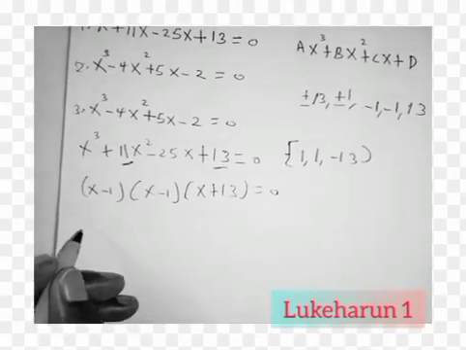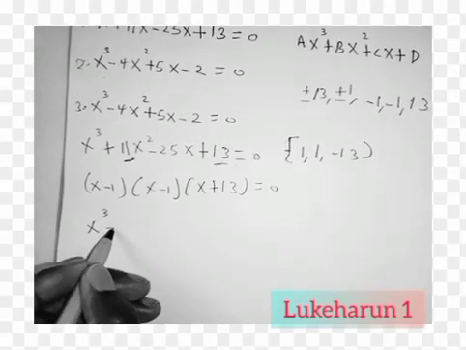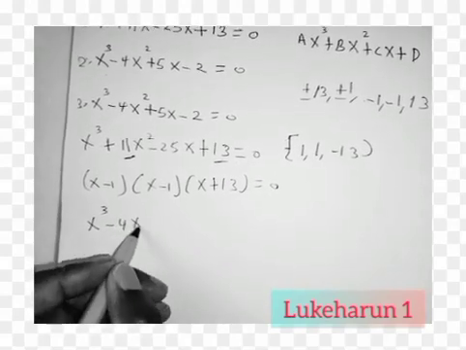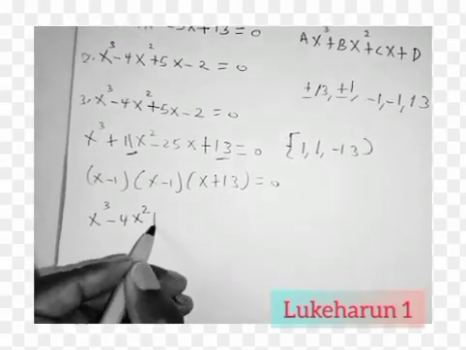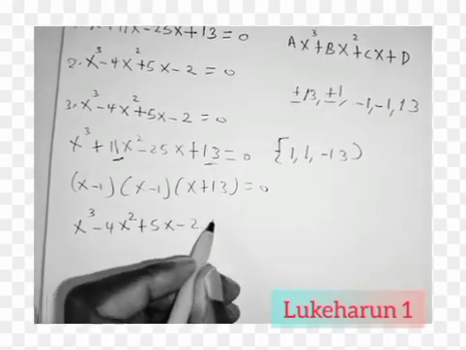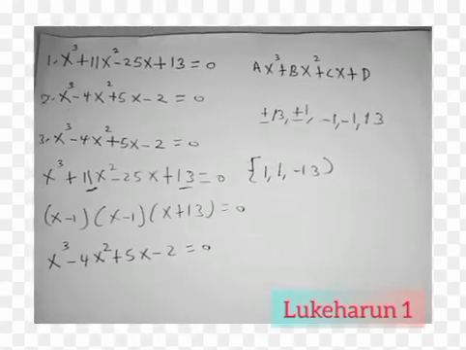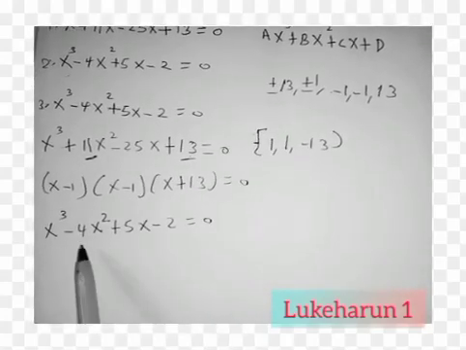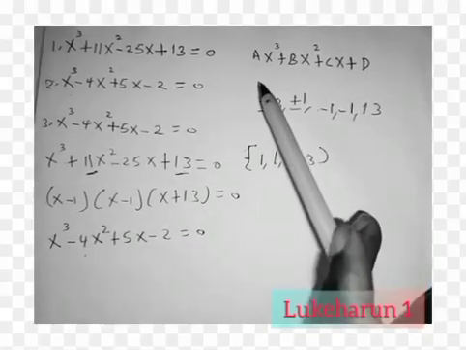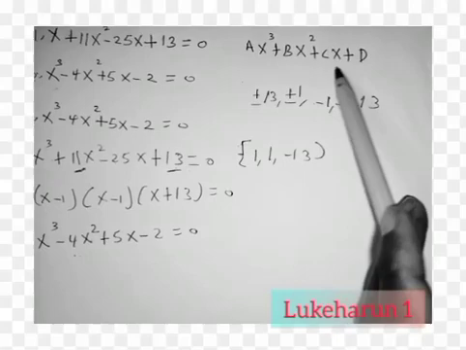Equation 2, you have x cubed minus 4x squared plus 5x minus 2 is equal to 0. The first thing which you do is ensure that your equation is in standard form. Standard form is ax to the power 3 plus bx squared plus cx plus d.